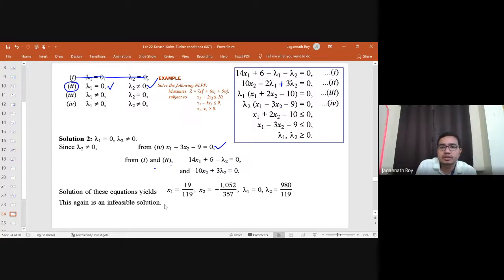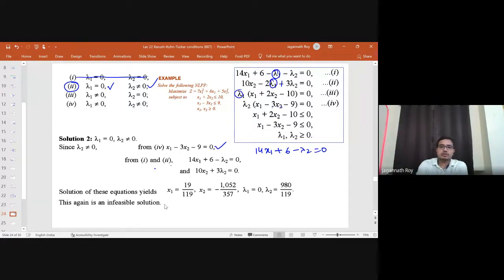So from 1, 14x1 plus 6. Lambda 1 we are taking 0 and lambda 2 we are taking minus lambda 2. Okay, right, that's fine. So we are putting 0 here.